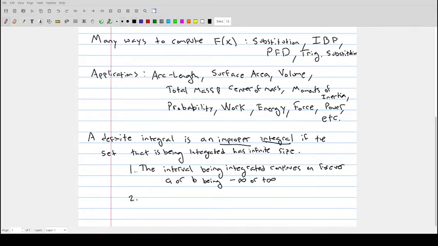And the second way this can happen is if the integrand f of x, the function being integrated, contains a singularity.